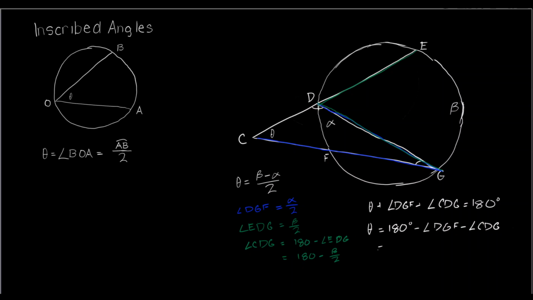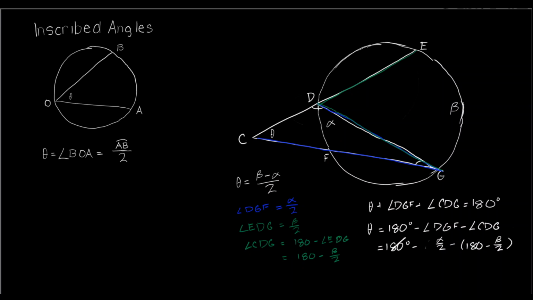And we can plug in the values we got to see that angle DGF is equal to alpha over 2. And angle CDG is equal to 180 degrees minus beta over 2.